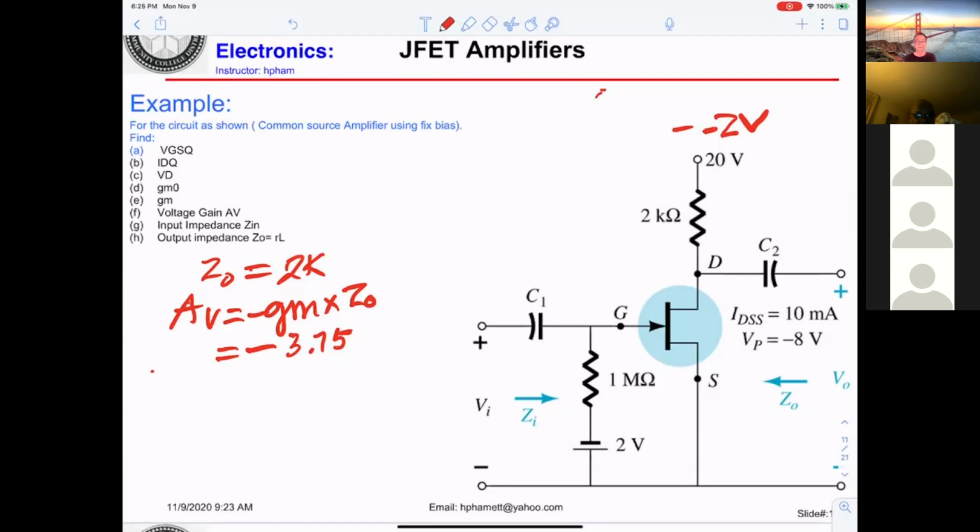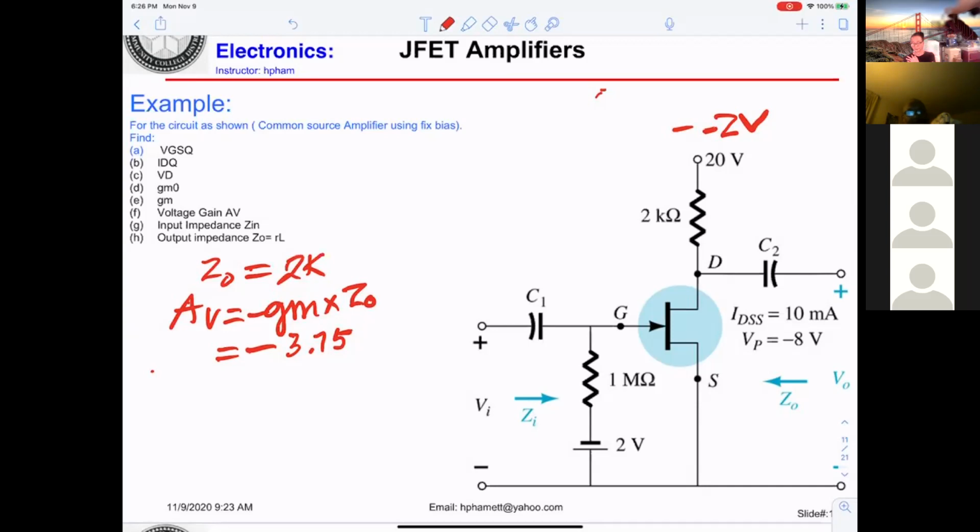Opposite. But when you have the regular V out over V in, that would be no sign, correct? Right. In AC, you cannot put a minus sign, not minus, we pick peak to peak.